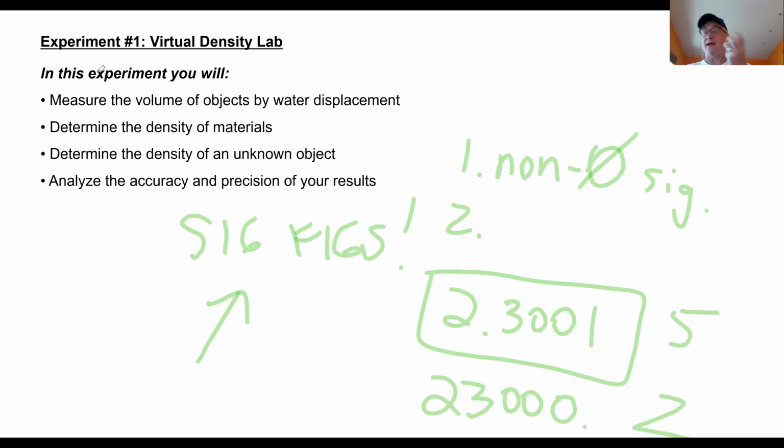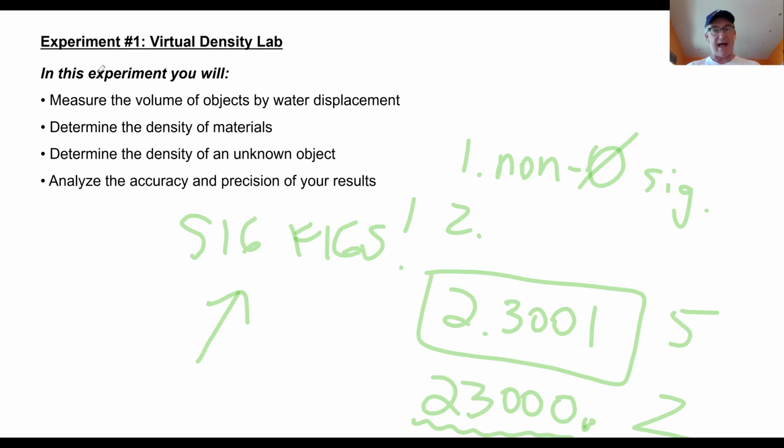That's a number that a lot of you probably haven't seen before, because you don't really use it in mathematics, but we do use it in sciences where you do actual physical measurements. Because this with the period at the end represents that I was able to determine that there were precisely 23,000, not 23,001, not 22,999.